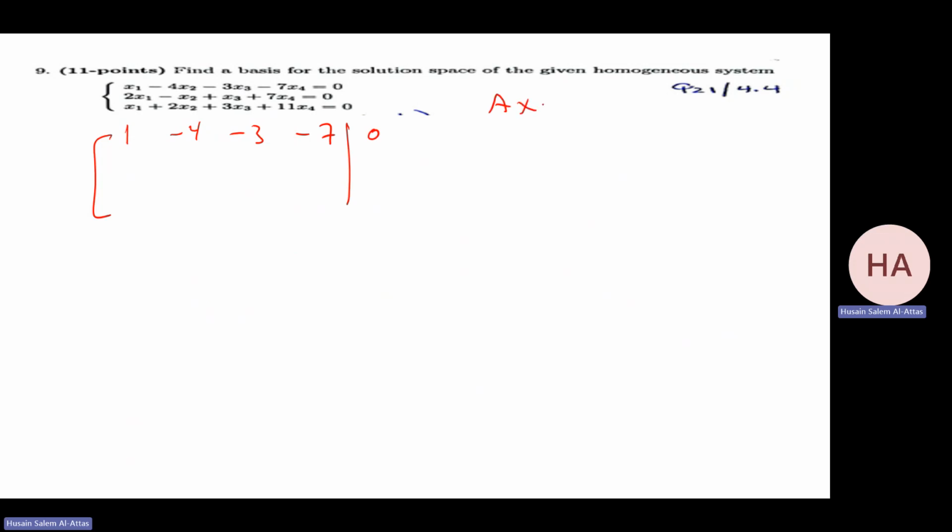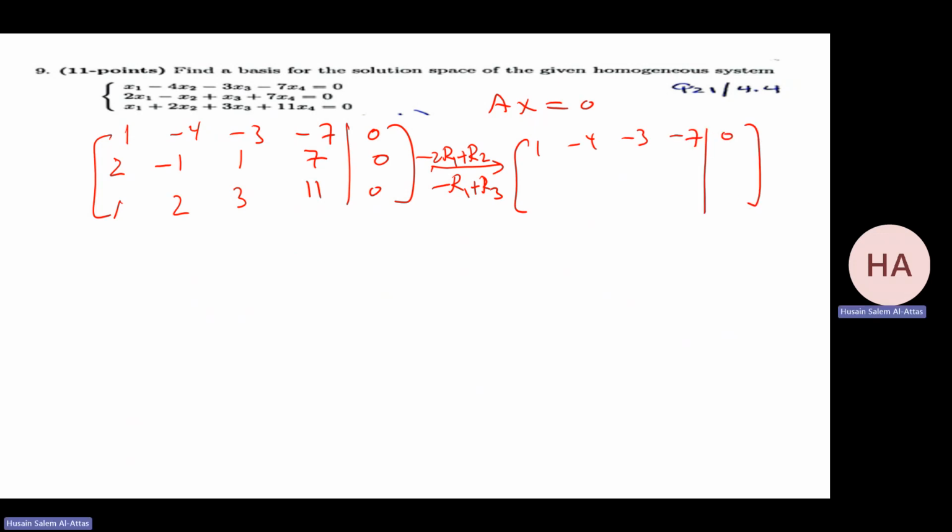I need to write that AX equals 0. That will be 2, minus 1, 1, 7, 0, and 1, 2, 3, 11, 0. So multiply the first row by minus 2 and add to the second row. First row by minus 1, add it to the third row. Let me do it.